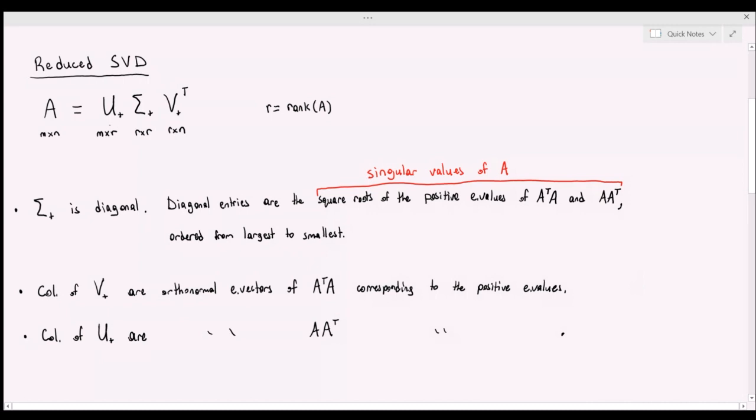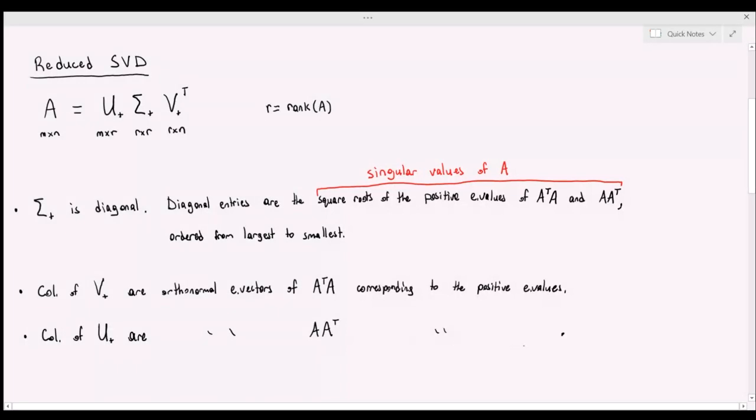Now, going on to the matrices U and V. The columns of V plus are orthonormal eigenvectors of A transpose A, corresponding to its positive eigenvalues. And the columns of U plus are orthonormal eigenvectors, but for AA transpose instead of A transpose A, okay?